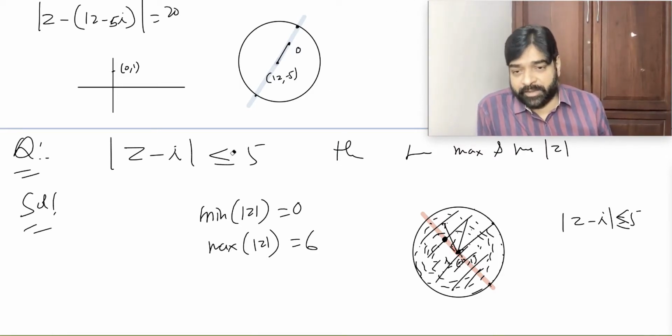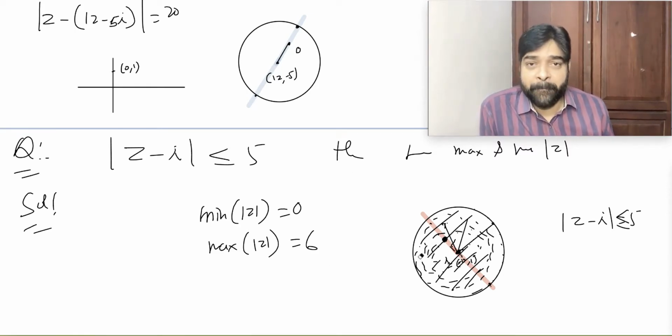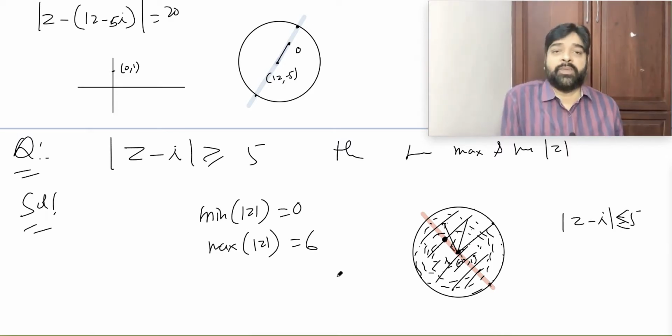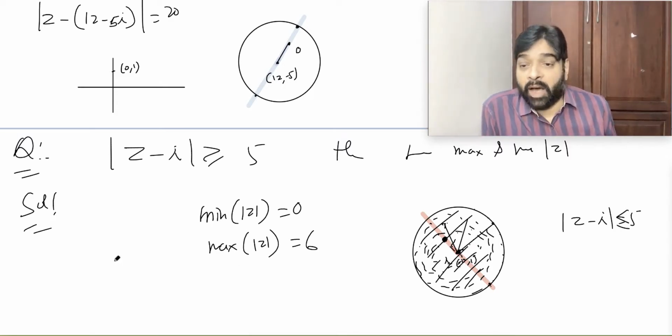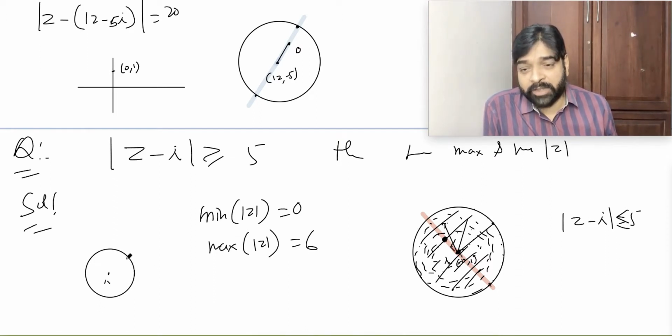Same question. If I change it this way, now Z can be where? Here is the I. Now mod Z minus I equal to 5 means on the circumference. I cannot go inside because that is less than, but I want more than, so it can be outside anywhere.